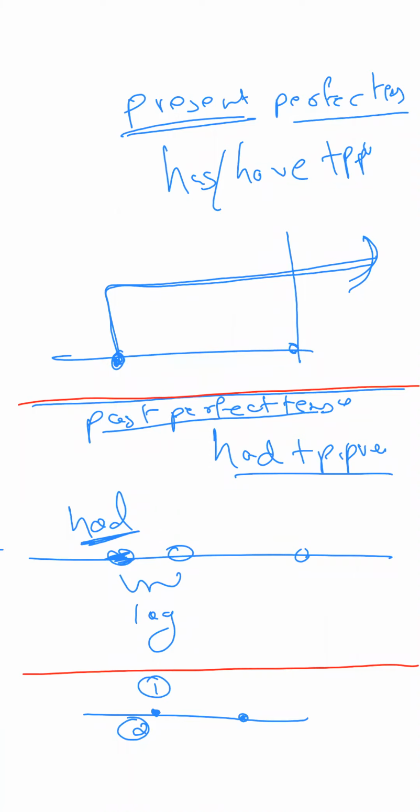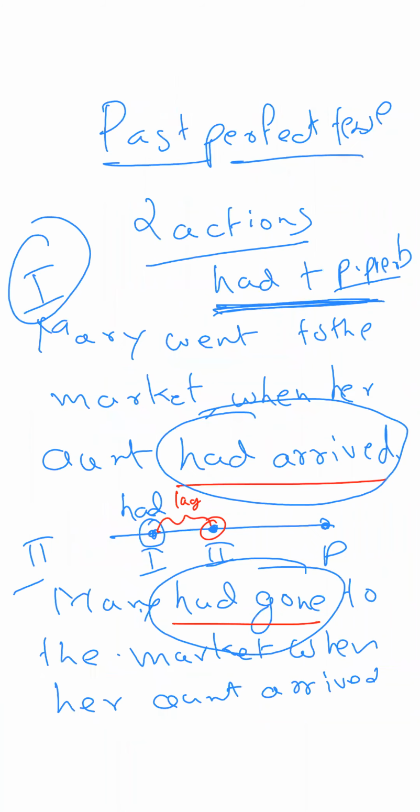Mary went to the market when her aunt arrived, simple past, because both happen simultaneously. But Mary has gone to the market is present perfect tense. And the two sentences that we mentioned here with had are past perfect tense.